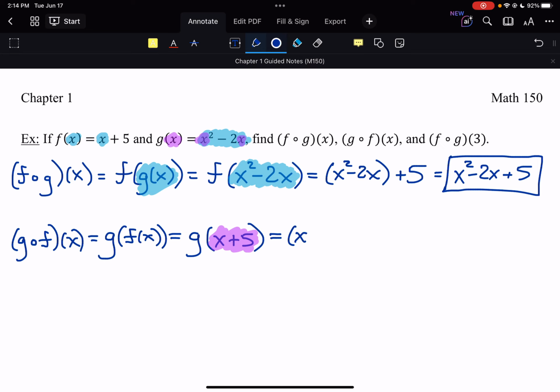So this is going to be x plus 5 squared minus 2 times x plus 5. Which will give us x squared plus 10x minus 2x, so that's plus 8x. And then plus 25, but minus 10 is plus 15.